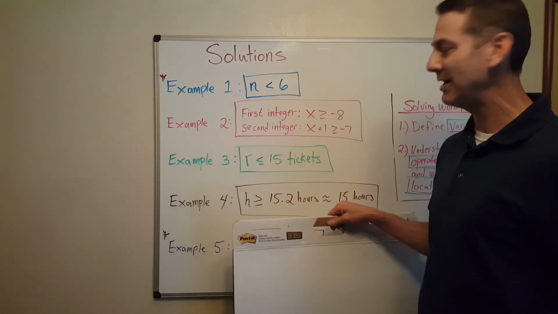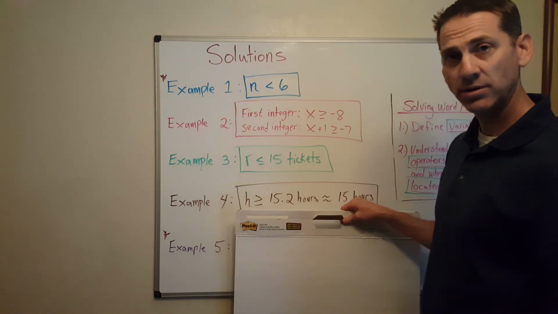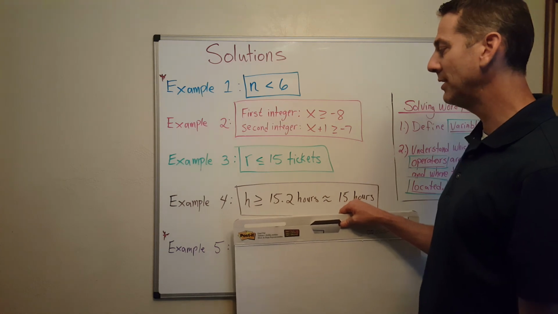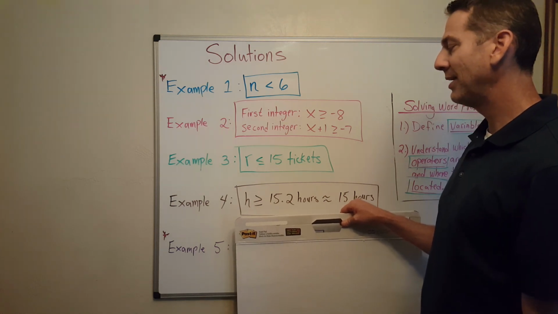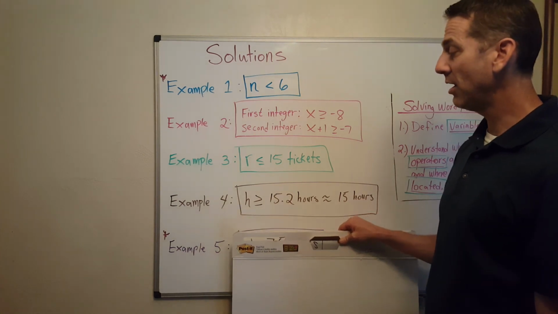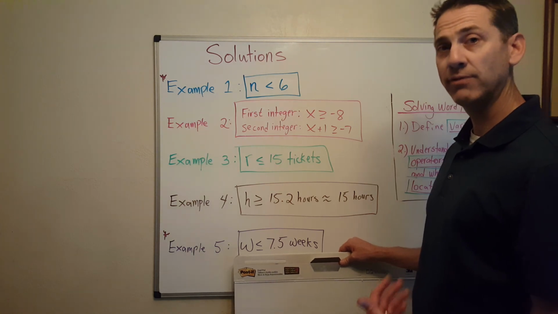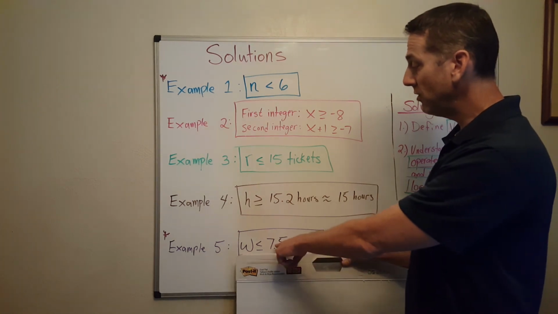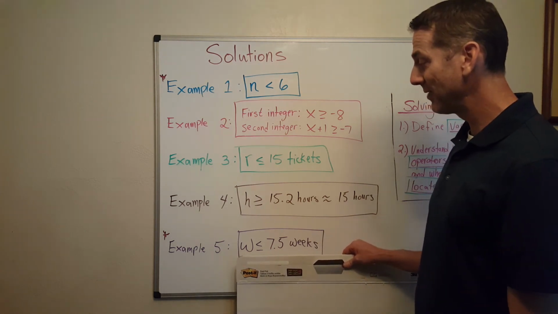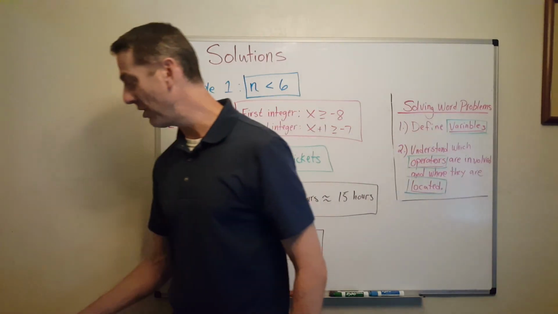And the question said, round it to the nearest hour. So we would round that to 15 hours. So he's going to have to work at least 15 hours to get $260. Okay, and our last example with Brenda, she's withdrawing $40 a week. She can do that for no more than 7.5 weeks. Okay, so there you have it, our solutions to our word problems.